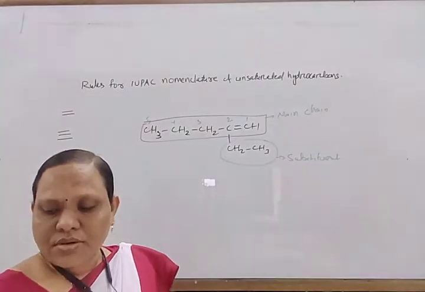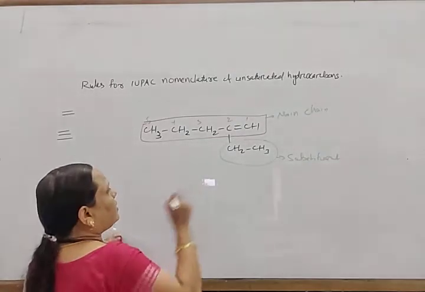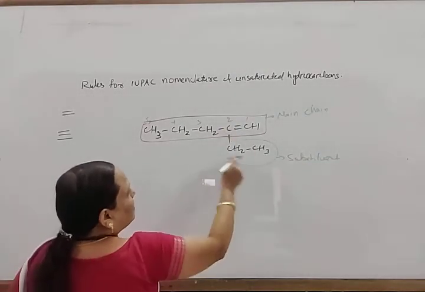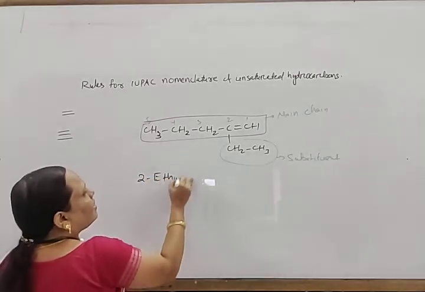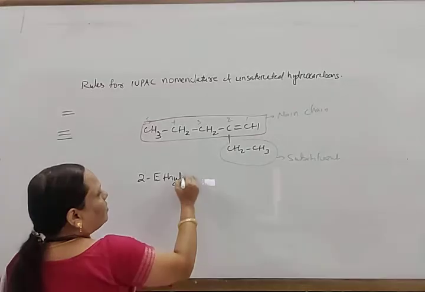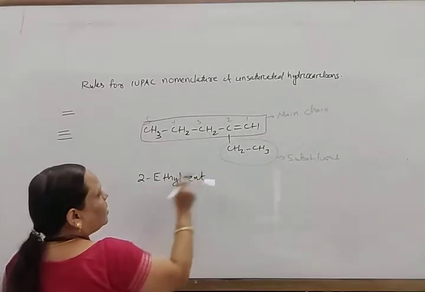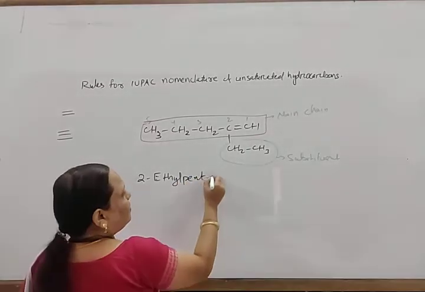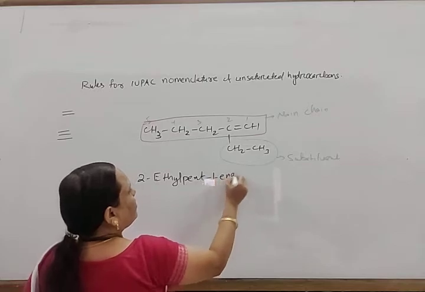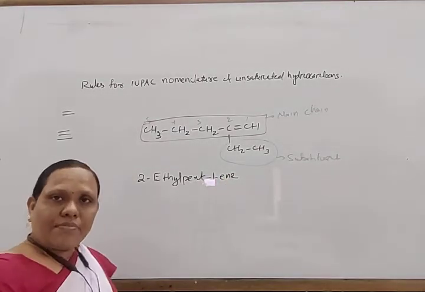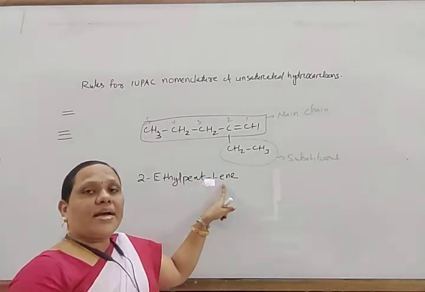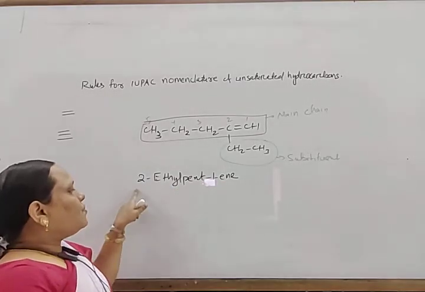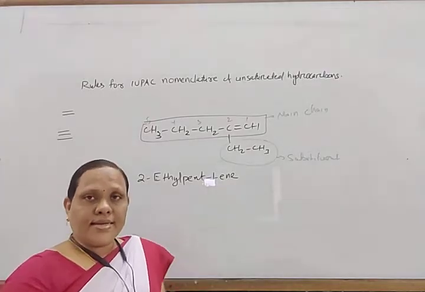So the name of this compound is 2 ethyl, and the 5 membered word root pent: 2-ethylpent-1-ene. So ane is replaced by ene.